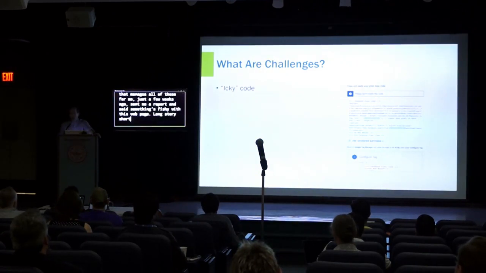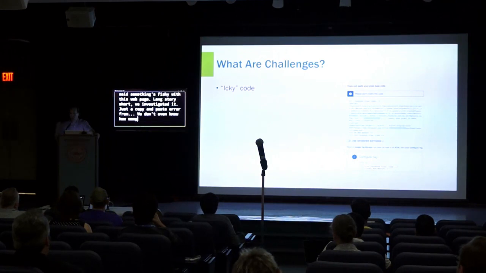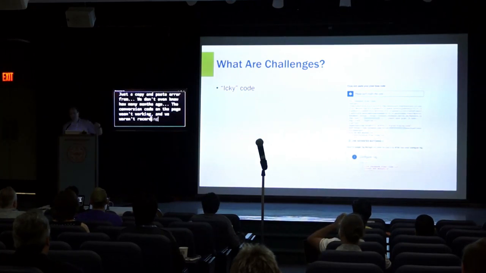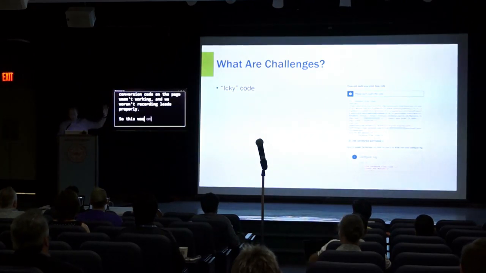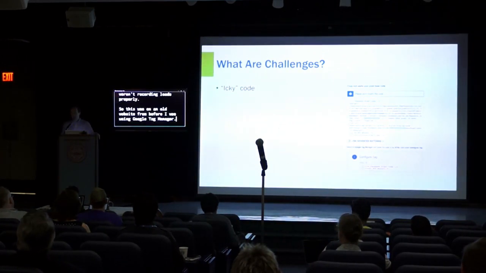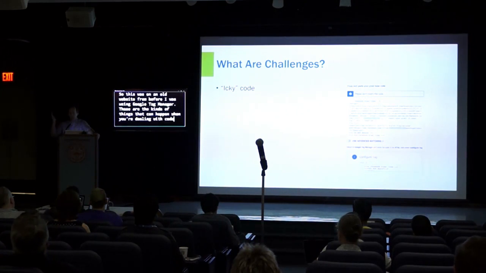Just a copy and paste error from, we don't even know how many months ago. The conversion code on the page wasn't working, and we weren't recording leads properly. So this was on an old website from before I was using Google Tag Manager. Those are the kinds of things that can happen when you're dealing with code. You miss one slash, one comma, everything breaks and it gets ugly.